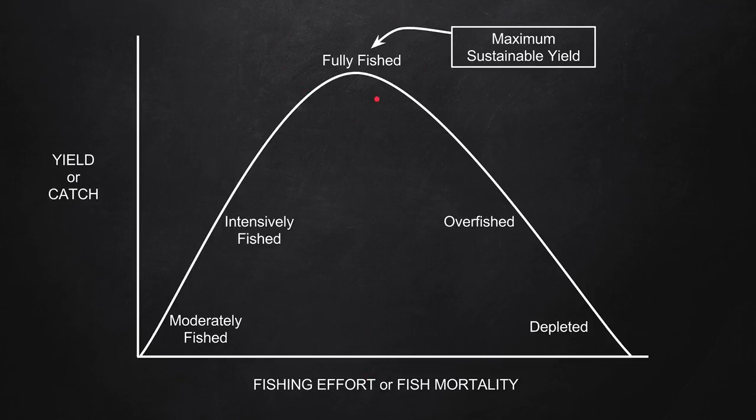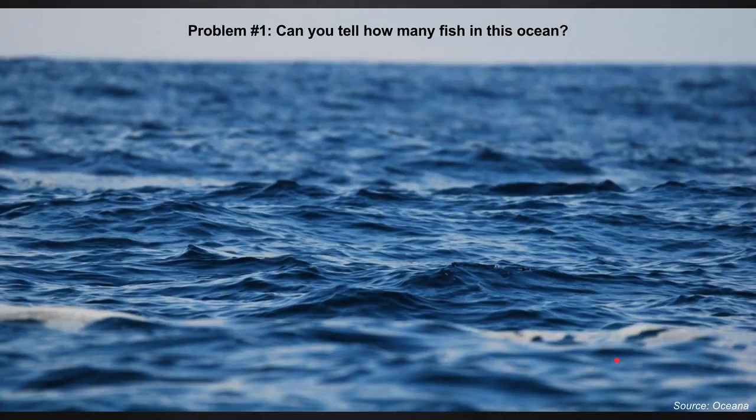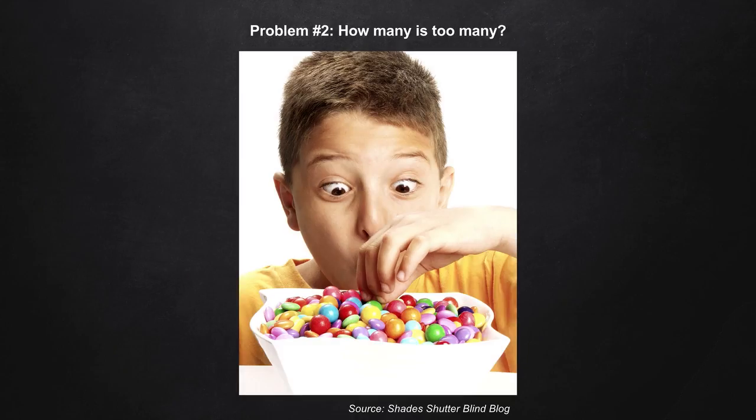But the flaw with this is that we are assuming that we know the total population of the fish. So we have this graph, but we don't really know how many fish are in the ocean. And also it's extremely hard to tell how many is too many, because fishermen would always want to have more fish so that they can make more money from catching more fish. So it's difficult to regulate.